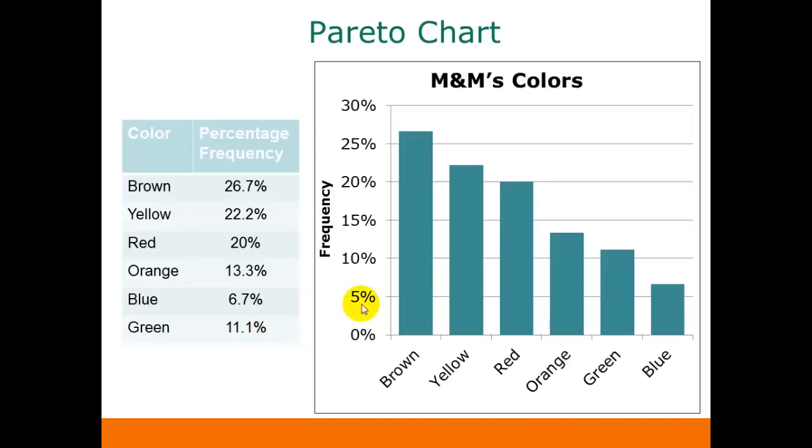And our Pareto chart, again, lists the highest frequency category first on the left and then goes in decreasing order. So the lowest frequency category will be the furthest one on the right. So this goes from brown, which had the highest frequency, down to blue, which had the lowest frequency.